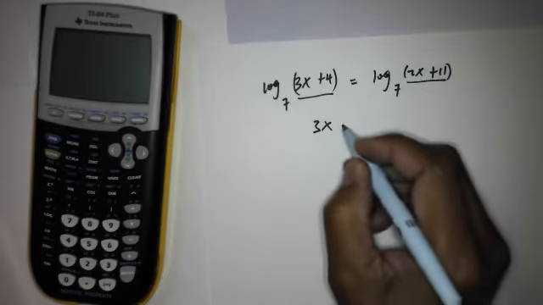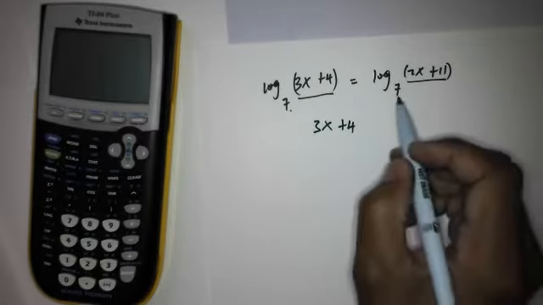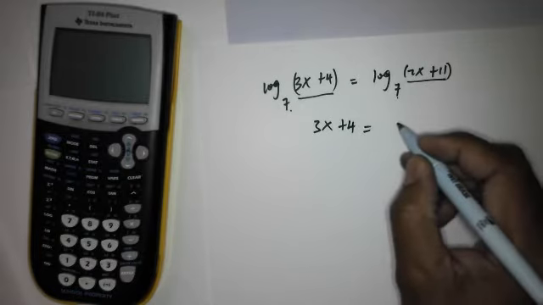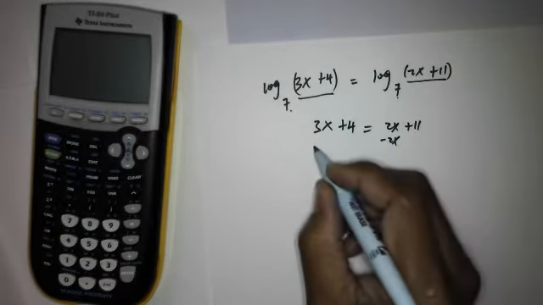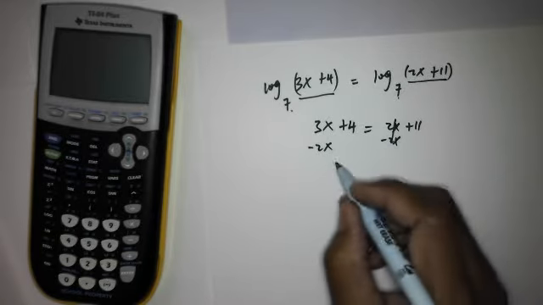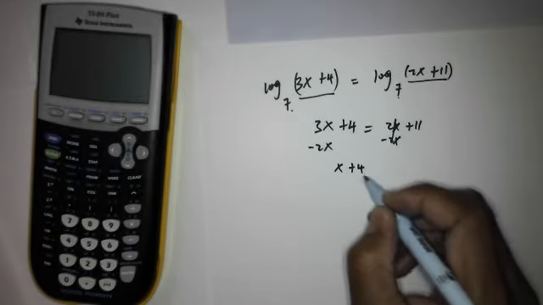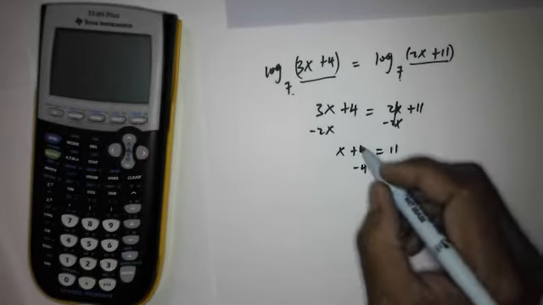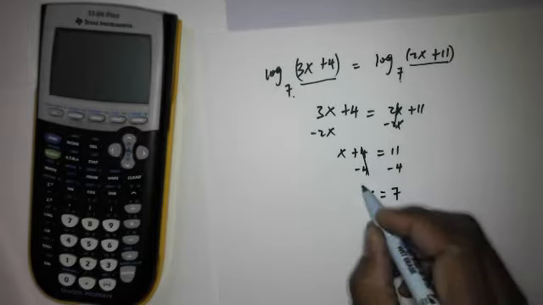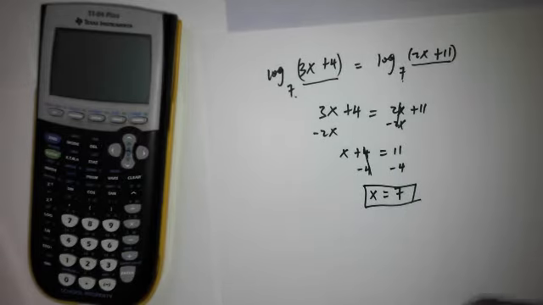So we're just equating the arguments since the bases are the same here. So that would be 3x plus 4 equals 2x plus 11. Now of course we subtract 2x from both sides, solving a normal equation. So this is x plus 4 equals 11, and we subtract 4 from both sides. So x equals 7.